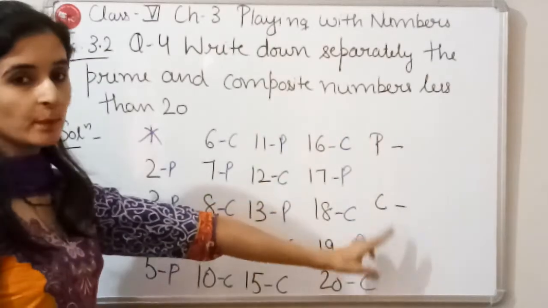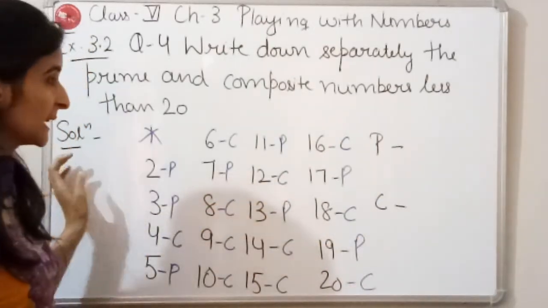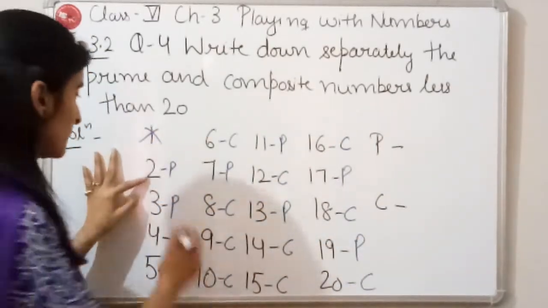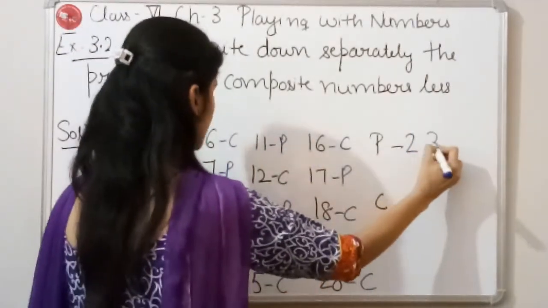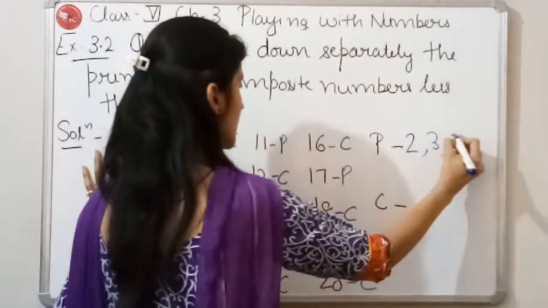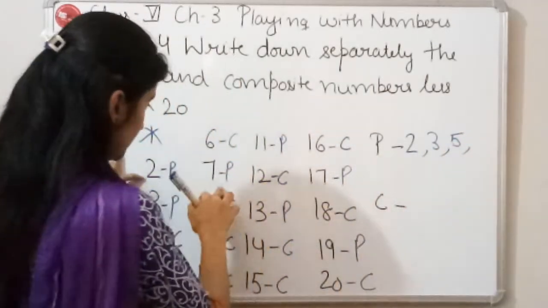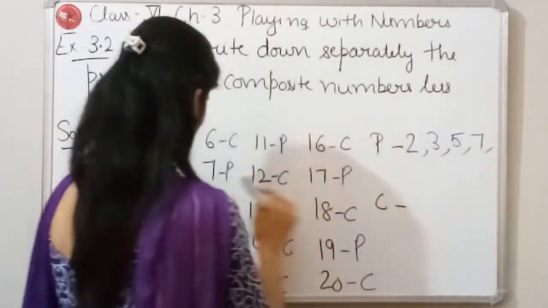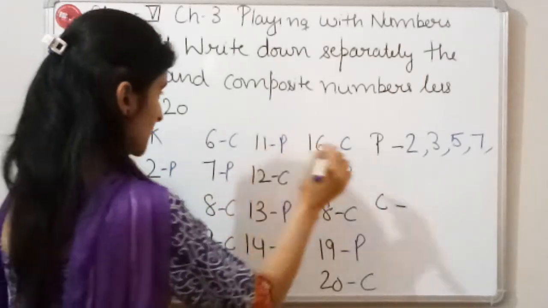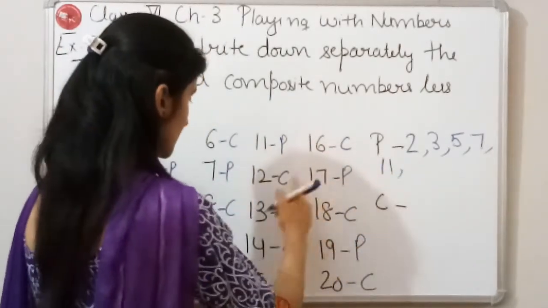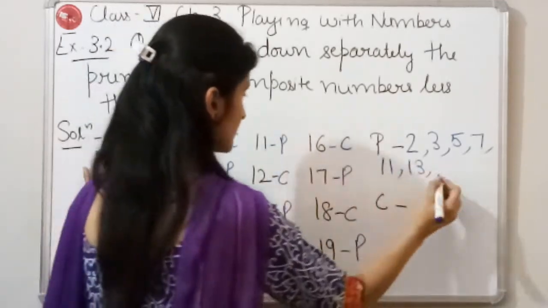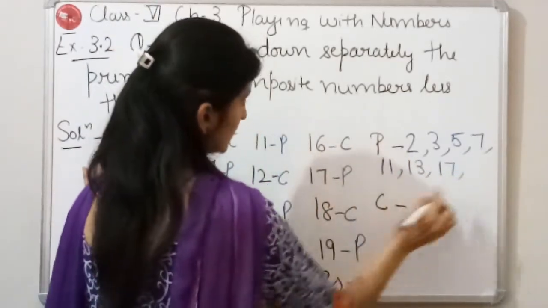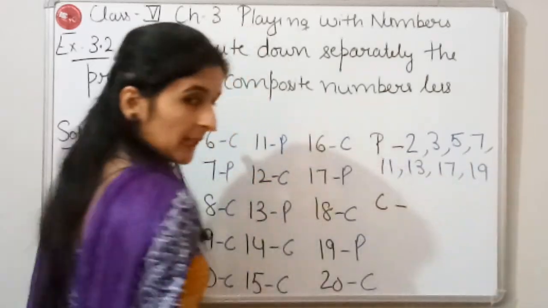Now we can write down prime and composite numbers separately. What are the prime numbers? Prime numbers here are 2, then 3, after that 5, then 7, after 7 there is 11, then 13, after 13 there is 17, and at the last there is 19.